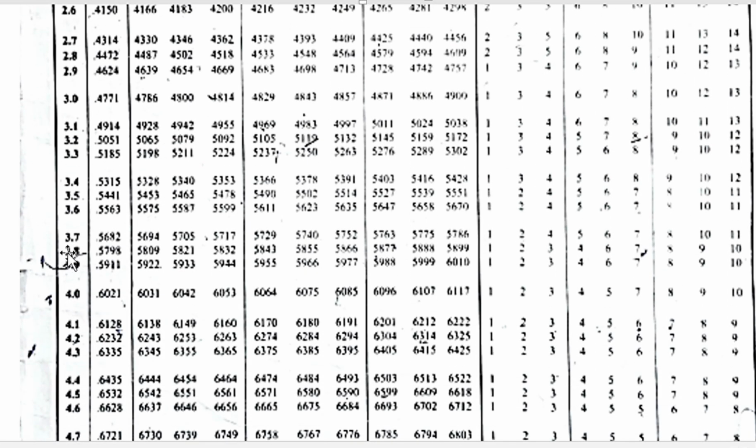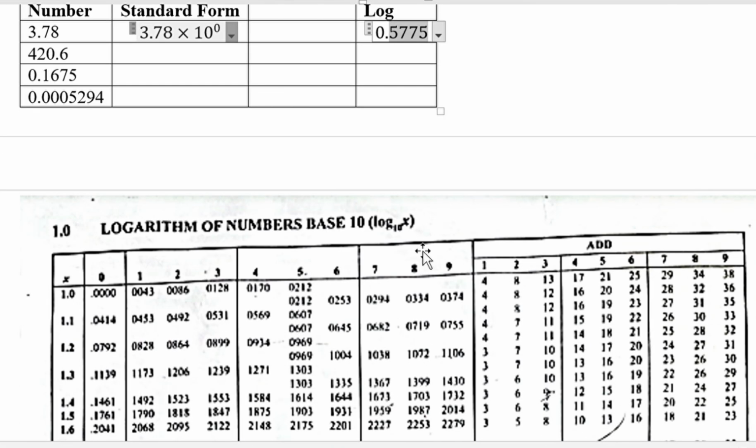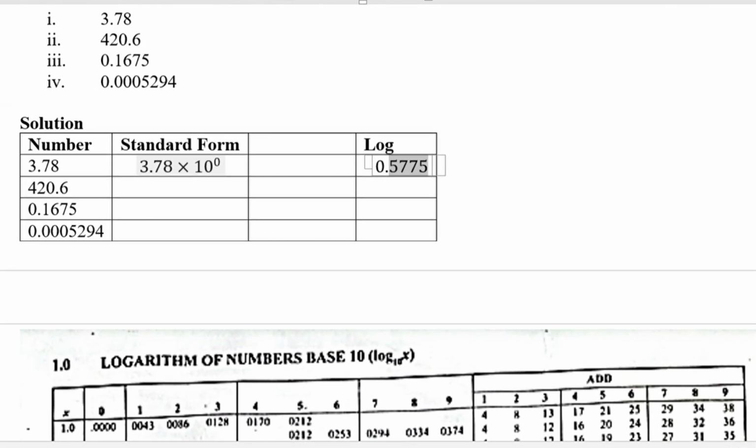And then we go to column 8. So this column 0, column 1, 2, 3, 4, 5, 6, 7, 8. So the number is 0.5775. So we shall write it to be after the decimal point as indicated here. And therefore the logarithm of 3.78 is 0.5775.